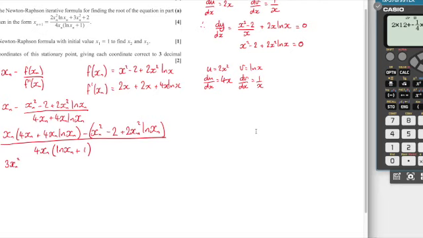So 4 of them, take away 2 of them, that's going to be plus 2xn squared ln xn. Yeah, and that's all of that. And then I've got minus 2, that's going to be plus 2, over 4xn, ln xn plus 1.